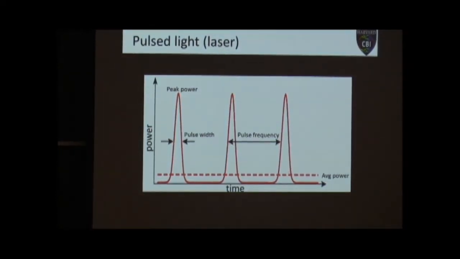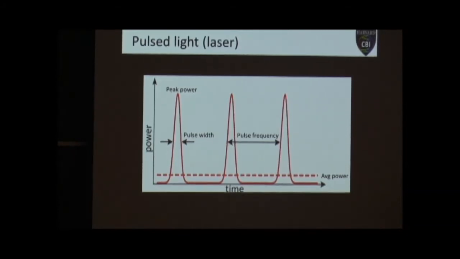But if we take a look at a pulsed laser, here's what we have happening. This is the power being measured coming out of the laser head over time. What you can see is in a continuous wave laser, this would just be a flat line along here. But with this pulse laser, what we have are little pulses in time.